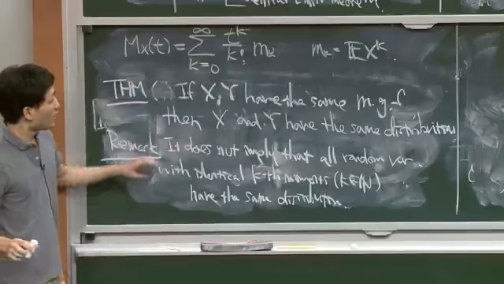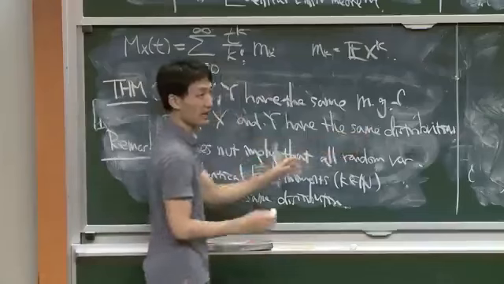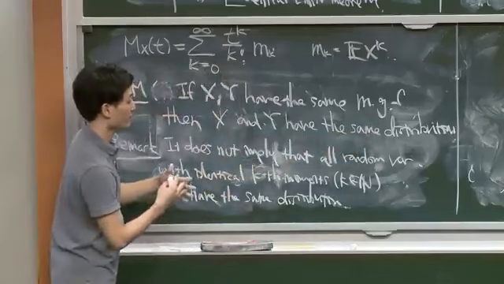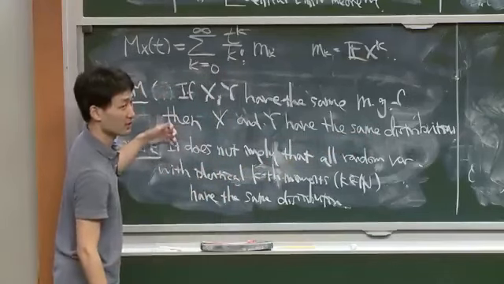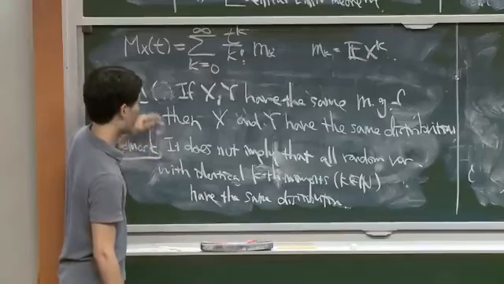Do you see it? If x and y have a moment generating function and they're the same, then they have the same distribution. This looks a little bit controversial to this theorem.